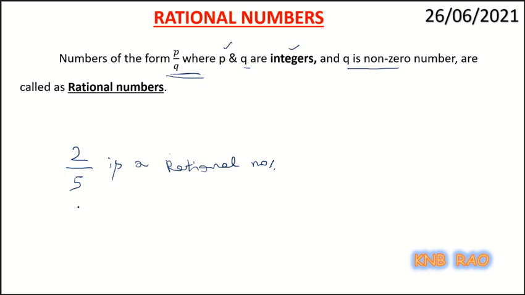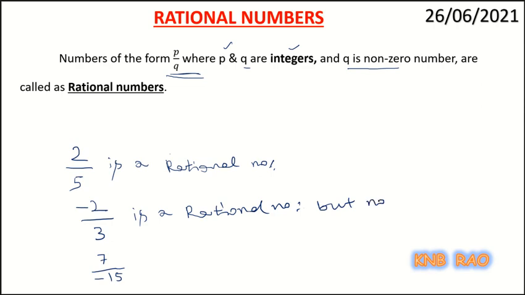That means I will have a chance of taking a negative number as the numerator or a negative number as the denominator, where this minus 2 by 3 is a rational number but not a fraction.